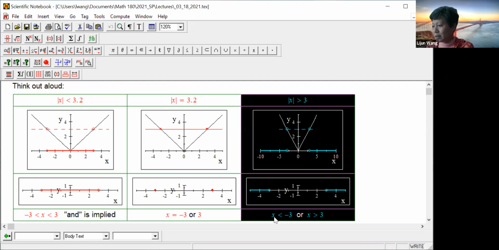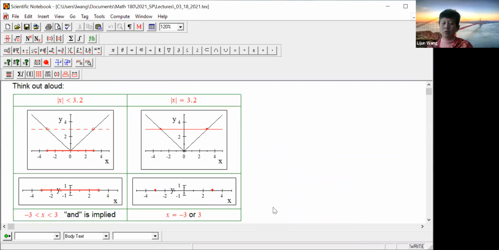And this case is not referred to. So all these points will change to 3.2, and of course I need to make adjustments on these pictures. Do you follow me? That's all you need to change.